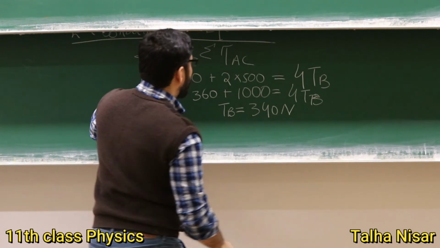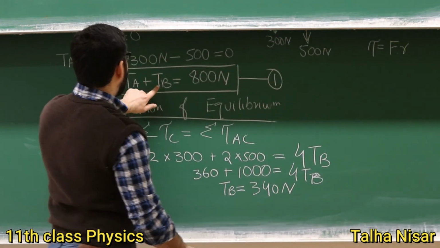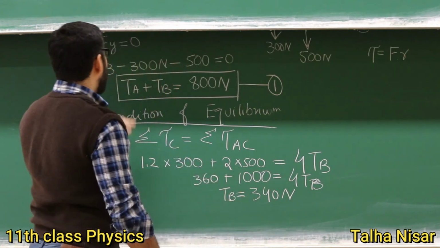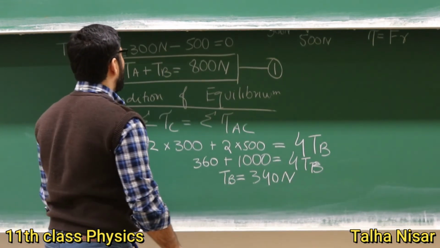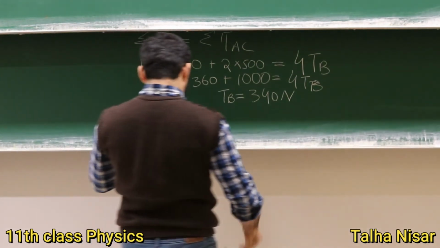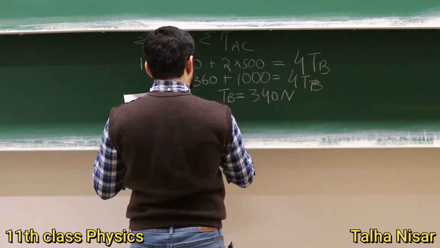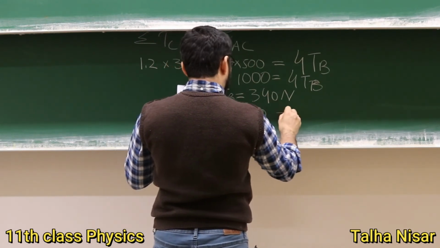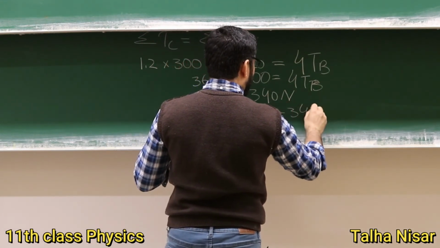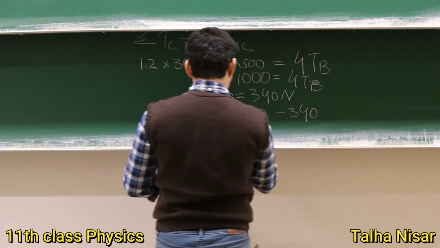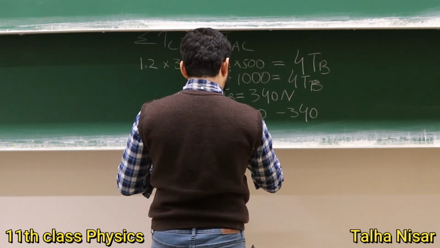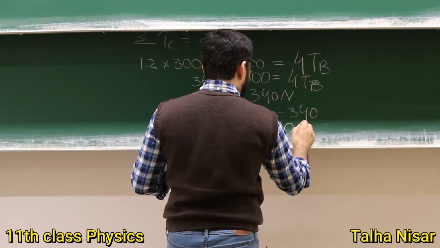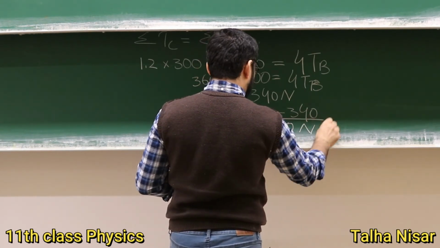Since we now know TB is 340 newtons, we can get TA from equation 1. So TA is 800 minus 340, which is 460 newtons.